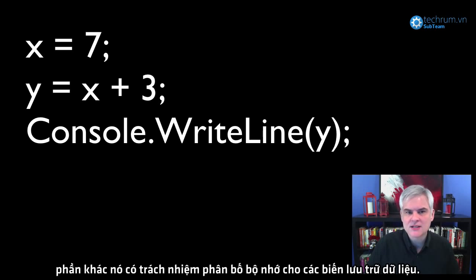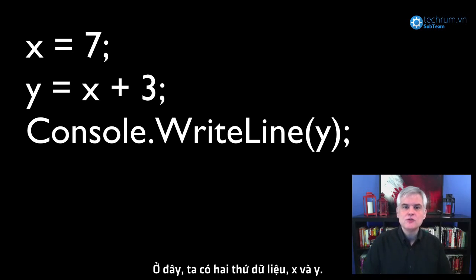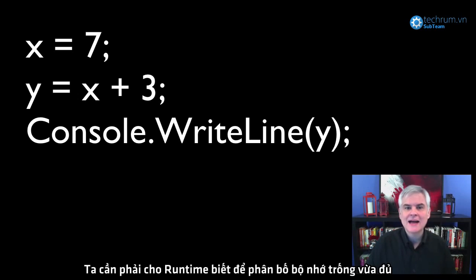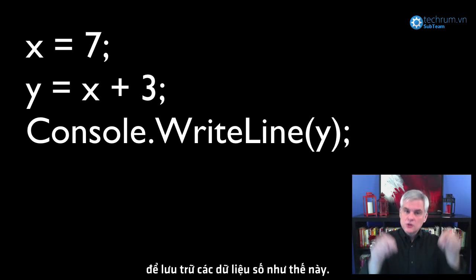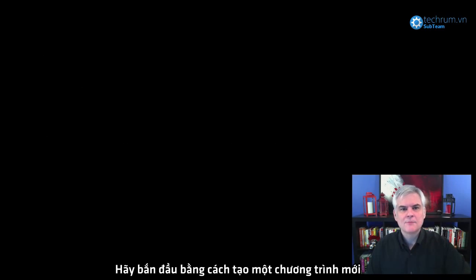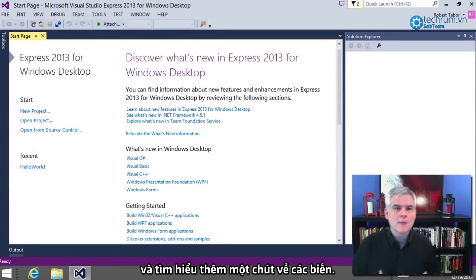And part of its responsibilities is to allocate memory for our variables that will hold data. So here we have two data items, x and y. And we have to tell the runtime to allocate some space in memory sufficiently large enough to hold numeric data like that.